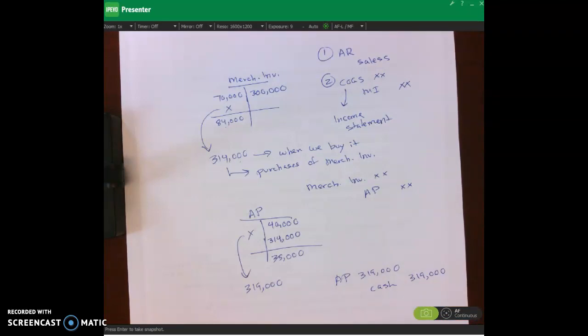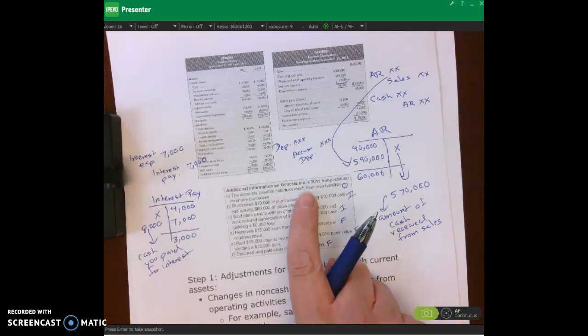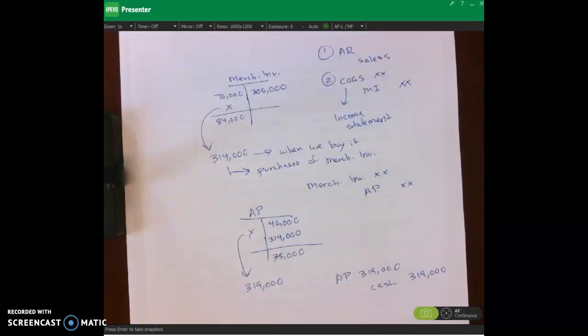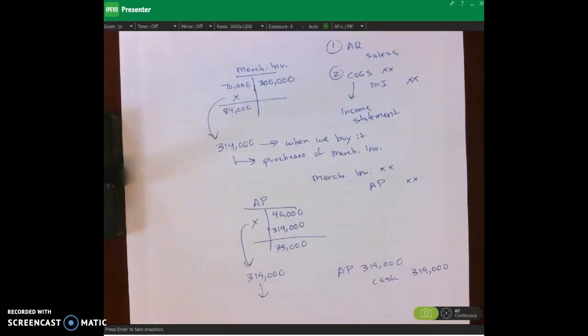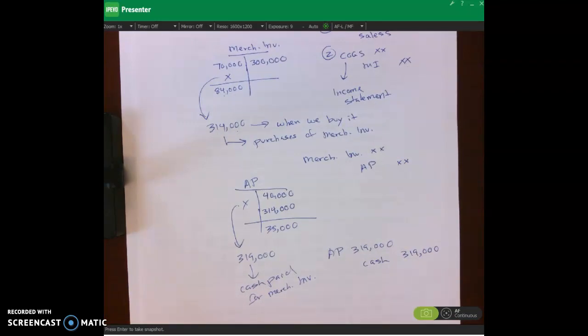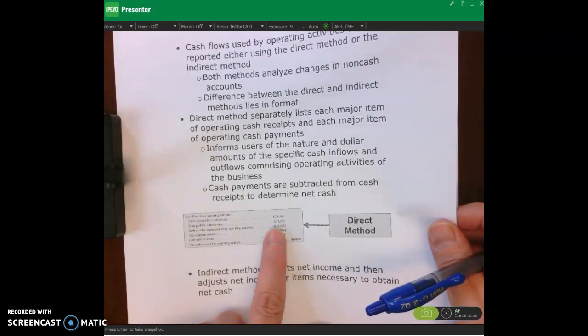If we look back on this page it says the accounts payable balances are all for merchandise inventory. So what this means is that we paid $319,000. This is the cash paid for merchandise inventory. And if we look back at our direct method, we can see 319 right there.